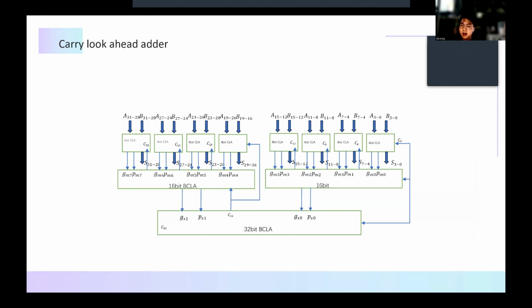Therefore, I firstly designed a 4-bit carry look-ahead adder, then used four 4-bit carry look-ahead adders to achieve a 16-bit carry look-ahead adder in parallel, and then used two 16-bit carry look-ahead adders to achieve a 32-bit carry look-ahead adder.